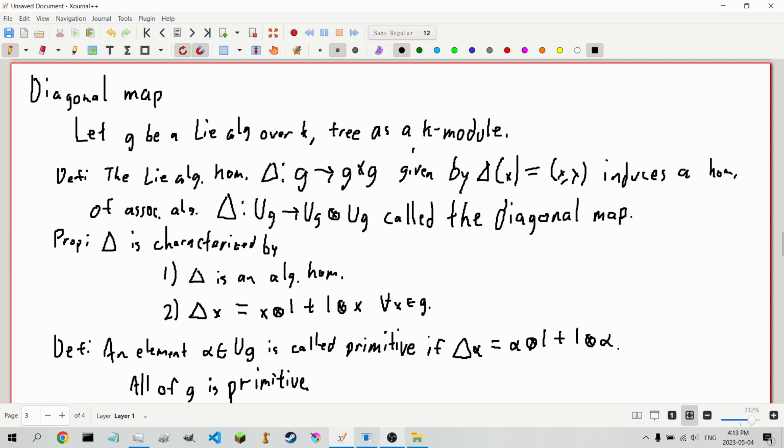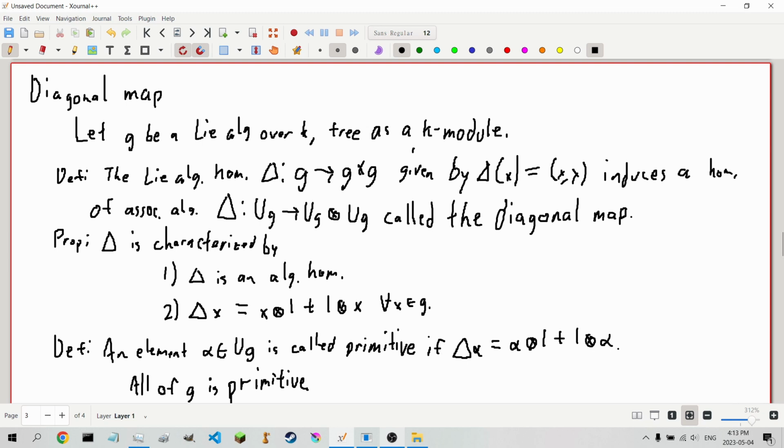And this induces a homomorphism of associative algebras, which we're also going to write as triangle.